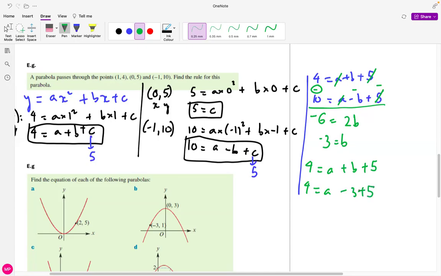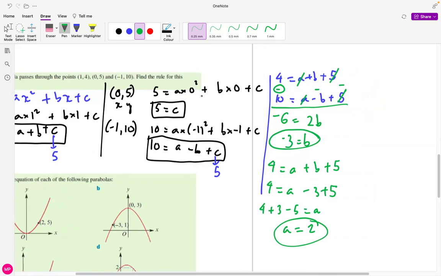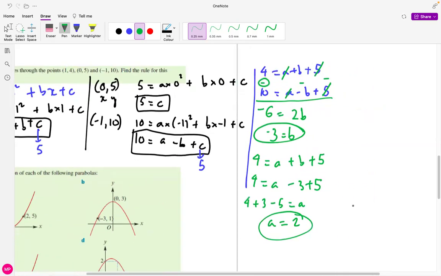So I plus 3 and minus 5: 4 plus 3 minus 5 equals a. 4 plus 3 is 7, 7 minus 5 is 2. So you have a equals 2. A equals 2, b is negative 3, and c equals 5. So therefore, my equation is y equals 2x squared, b is negative 3, so negative 3x, and c is 5.